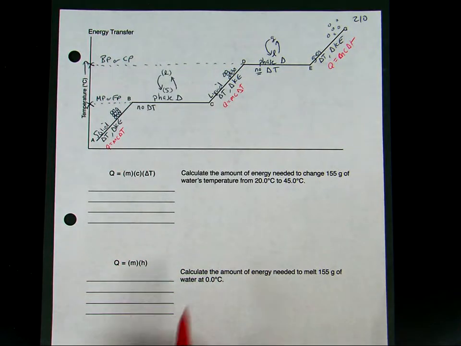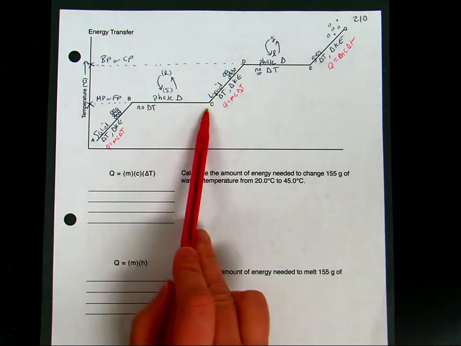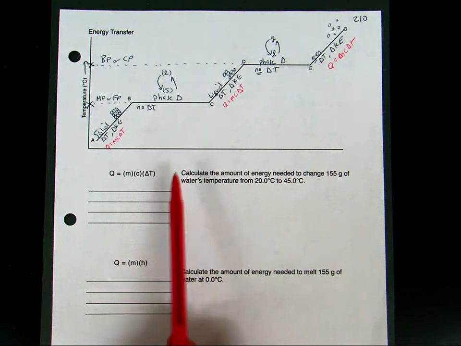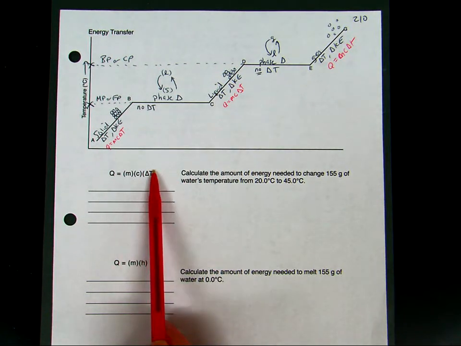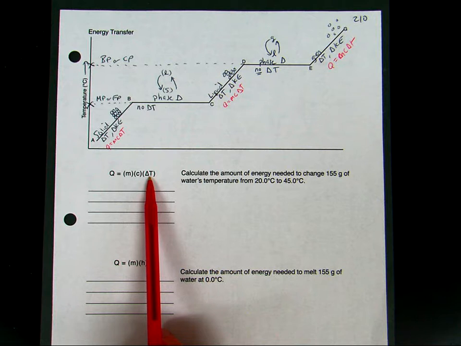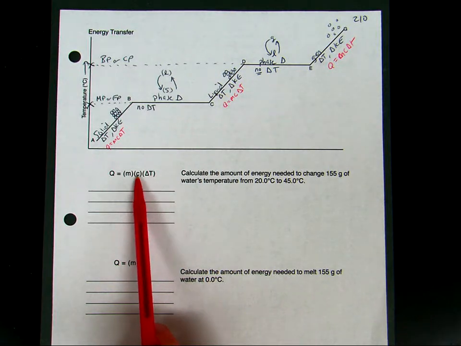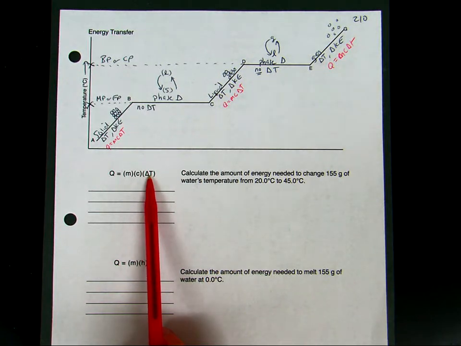Now, for the other segments where there's no temperature change, we should not be using Q equals MC delta T, because the delta T would be 0, which then, if you multiply any other values by 0, your product is 0.